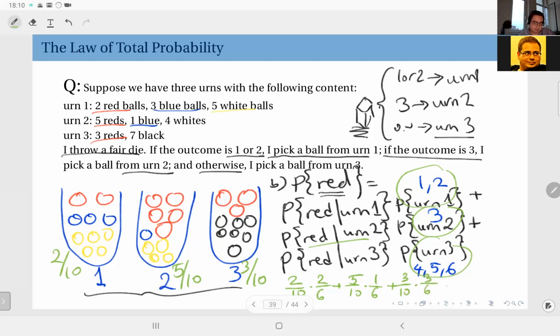So you see that is 4, that is 5, they make 9, and 3 by 3 is 9. So that is 18 divided by 60. So that is essentially 3 by 10. That is the probability of selecting a red in this random experiment.